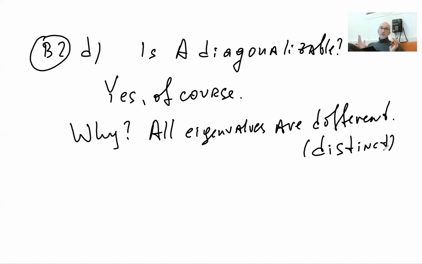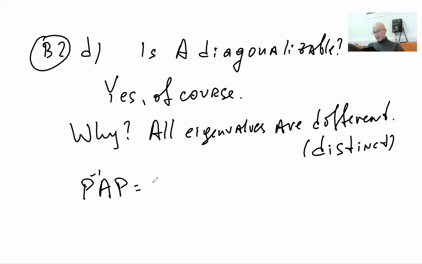If you have a 3 by 3 matrix, you have 3 eigenvalues, these 3 numbers, all of them real, and none of them coincide, so they are 3 distinct real numbers. Then by the results in the lecture notes and the lectures, this implies that the matrix is diagonalizable.